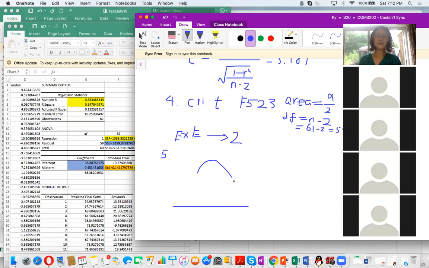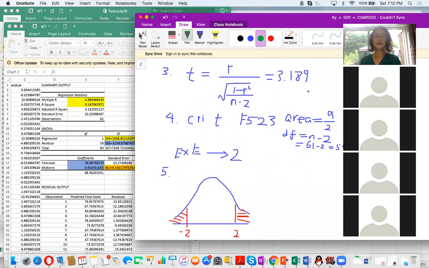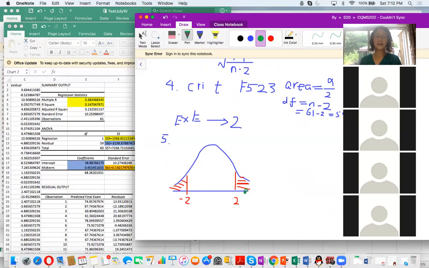Draw a distribution, a T distribution. In this distribution, you label the critical value. This is 2. The other value must be -2. The critical values decide the rejection region. Those are the rejection regions. And then label your test statistic. 3.189 must be here.